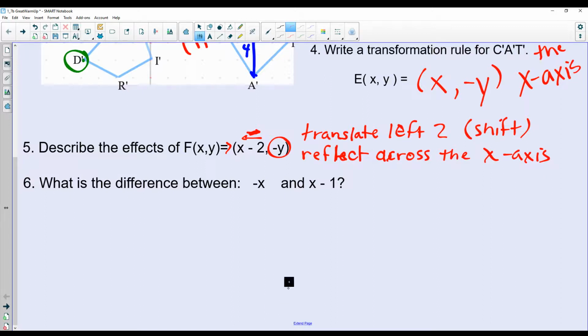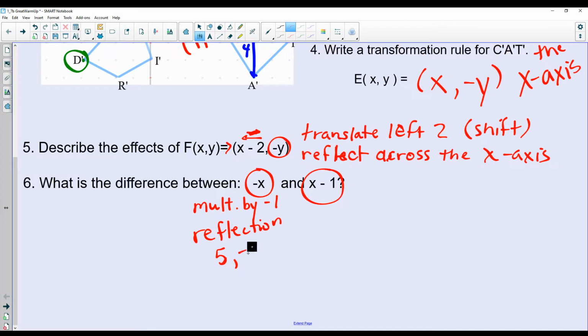Now, one last thing here. Let's make sure that we realize the difference between a negative x and an x minus 1. In negative x, that means that you are multiplying by a negative 1. This is a reflection, okay? So like if you had 5, it would be turning into negative 5, okay?